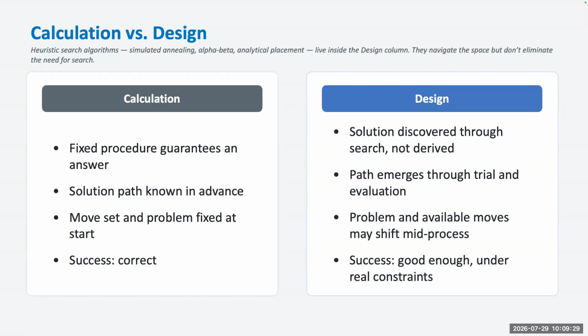When I talk about the number of degrees of freedom I'll mention, it's not something that we can say is a clear calculation. The idea is your path emerges as you go through trial and evaluation. Problems may shift, and even the number of moves may change. And often you're happy when you have something good enough under real constraints.